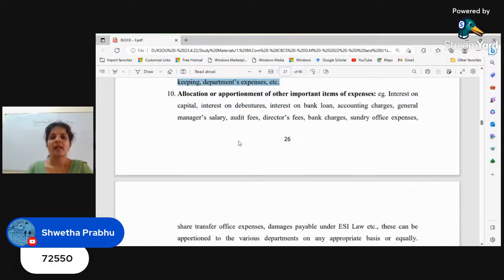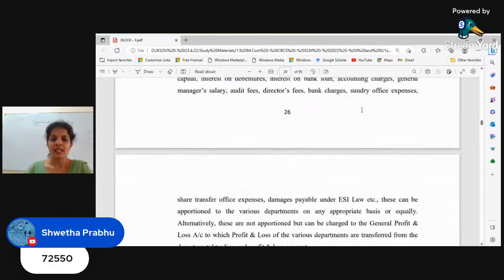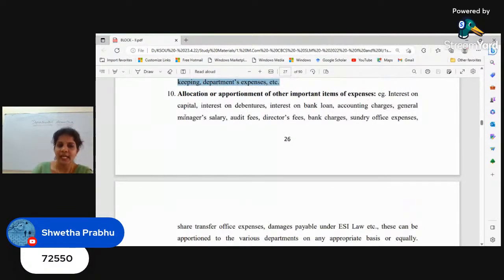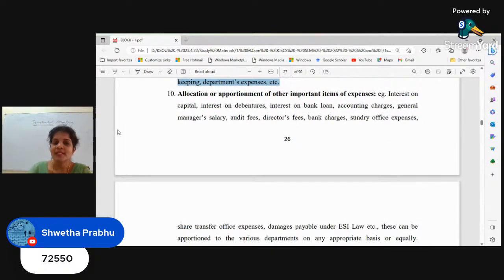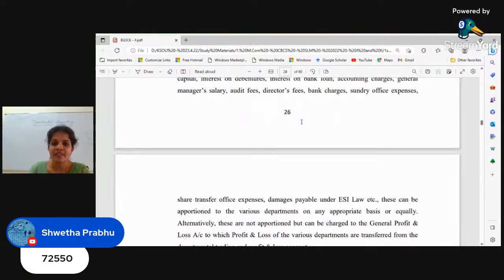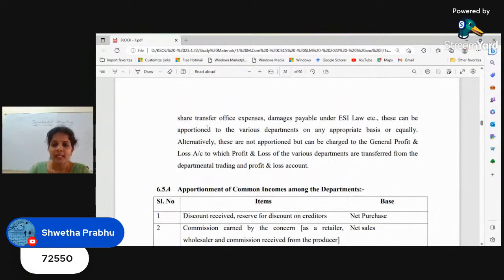Any other expenditure like interest on capital, interest on debentures, interest on bank loan, accounting charges, general manager's salary, audit fees, director's fees, bank charges, head office expenses. These are expenses which have to be apportioned on a departmental basis.